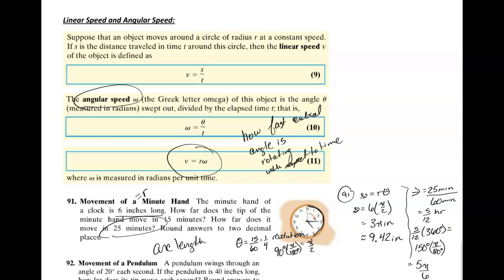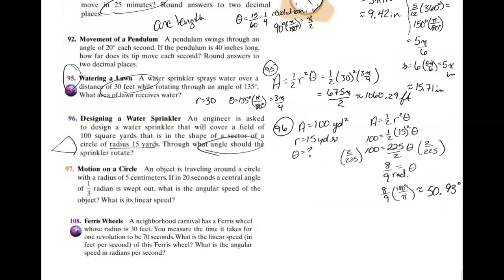Omega is measured in radians per unit time, and omega is calculated by figuring out theta divided by t, where theta is in radians. So it's important to keep all of these different formulas straight and what the units have to be. So let's look at an example.